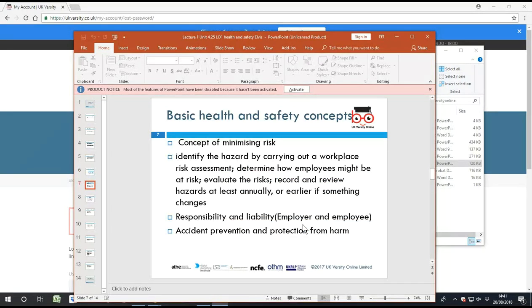The next slide. How do we minimize risk? Now, this can be done by trying to identify the hazard by carrying out a workplace risk assessment. Of course, if you're able to identify hazard, then you are minimizing the risk. So we try to identify hazard by carrying out workplace risk assessment, determine how employees might be at risk. You evaluate the risk, record and review hazards at least annually or earlier if something changes.